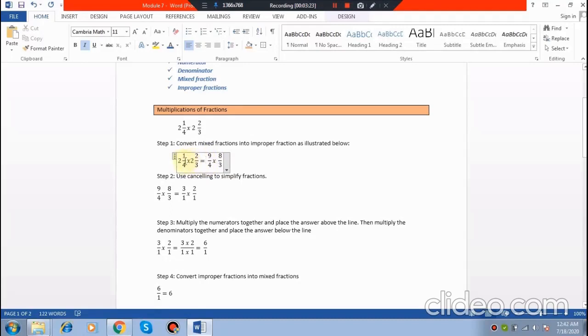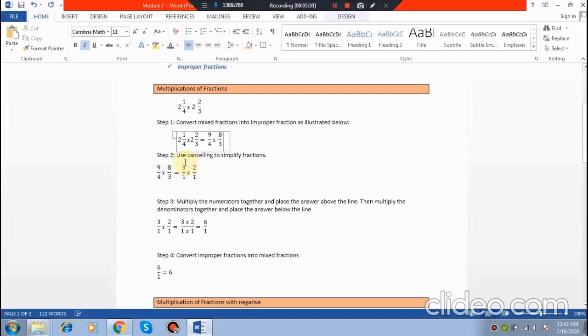The improper fraction of 2¼ is 2 times 4, 8, plus 1, 9/4. Then you multiply that by 2 and 2/3. Now we need to convert this into an improper fraction. 2 times 3 gives you 6, plus 2, that's 8/3.